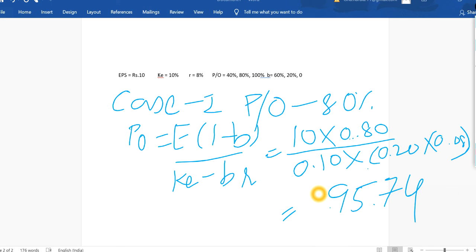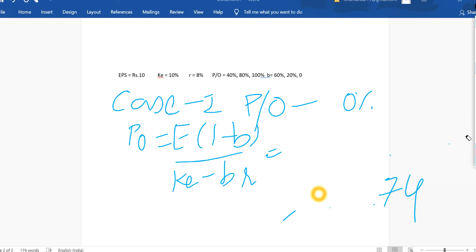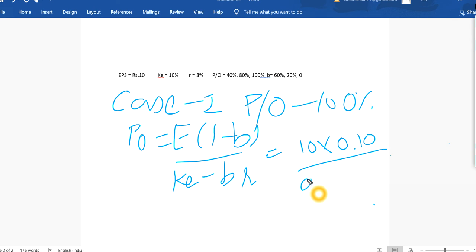Now we are moving forward with case 3 where payout is 100%. So 10 into 1.0 divided by KE, which is 0.10, minus retention, which is 0, because payout ratio is 100%.